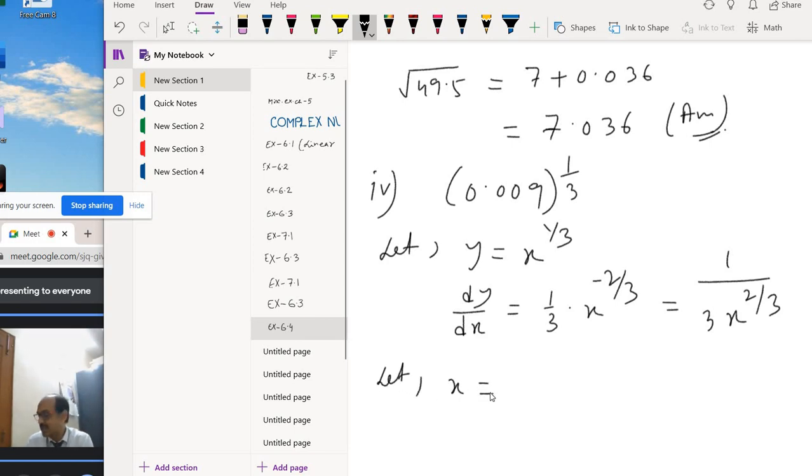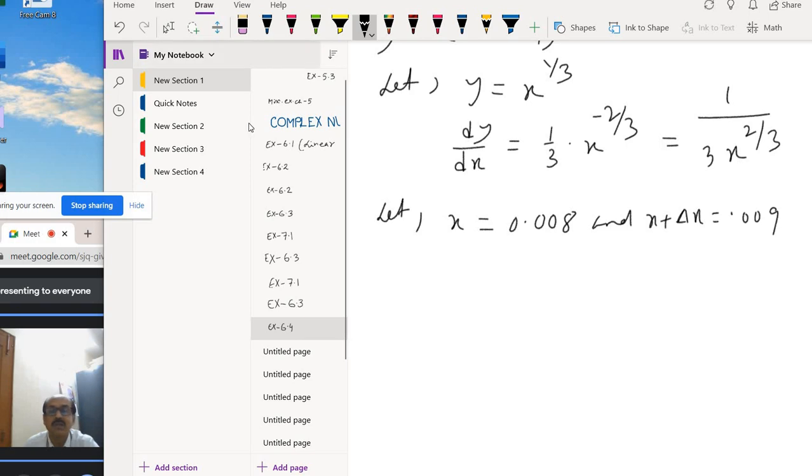In this question, x is equal to 0.008, because of cubing, we can find it easily: 0.2 whole cube. And x plus delta x is equal to 0.009. So delta x is 0.009 minus 0.008, so 0.001.